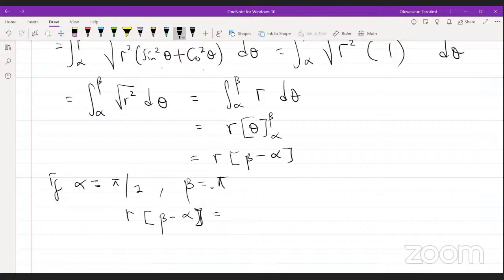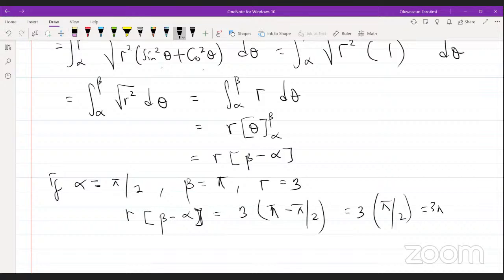Let's give r a number as well. Let's take r to be 3. Now we have 3 times pi minus pi over 2, which is 3 times pi over 2. What do you get, guys? 3 pi over 2. So when you have a question of this matter, you can use this arc length formula.